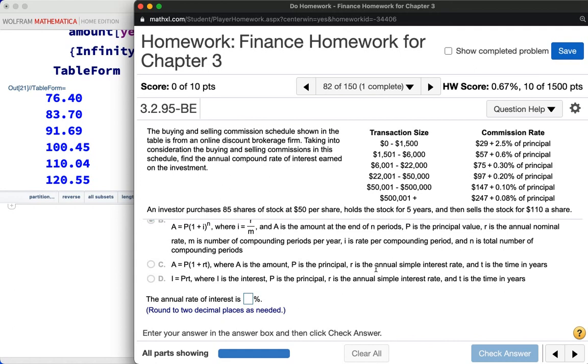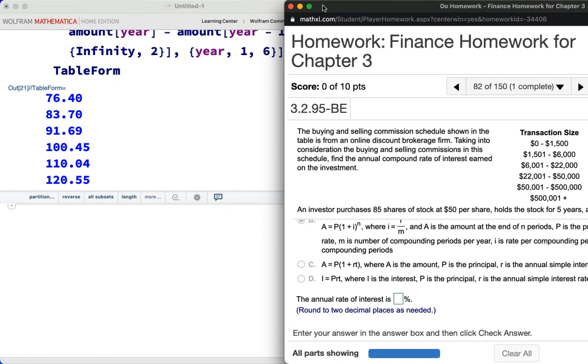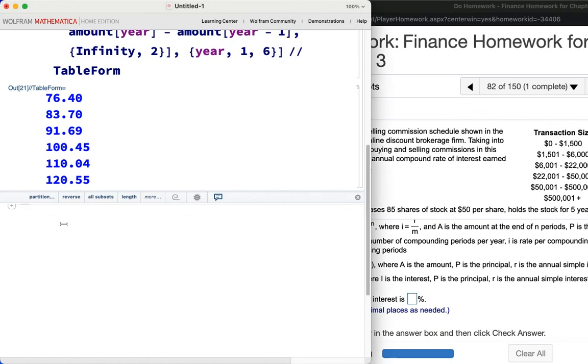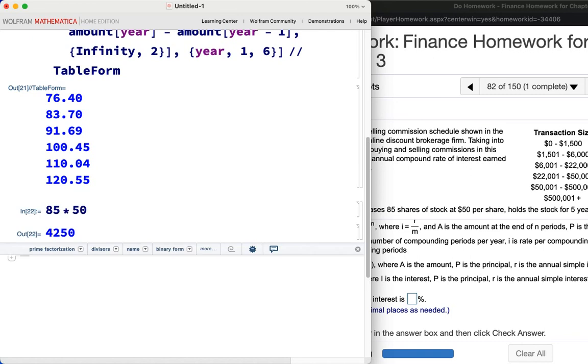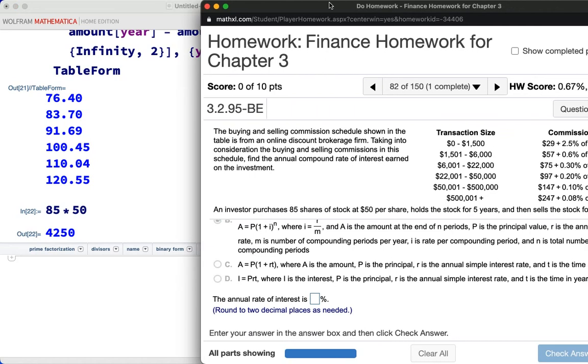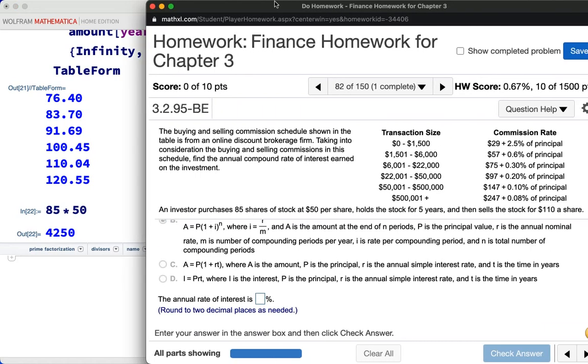And now it says the annual rate of interest is. So we have to figure out the answer, and this is going to be a little tricky. Let me move this window over. 85 shares of stock, $50 a stock. That's $4,250. That's going to be right over here in this category.